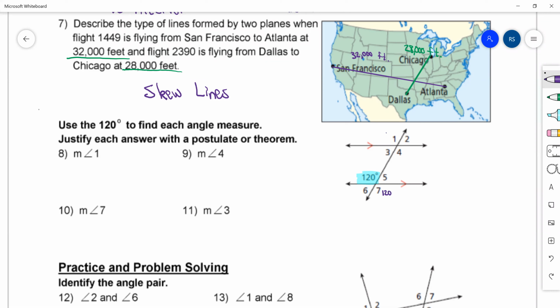Remember, all obtuse angles are the same. They're all going to be 120. Now, for the acute angle, we have to subtract 120 from 180 to get the acute angle. It should be 60. So all these others in here are 60.